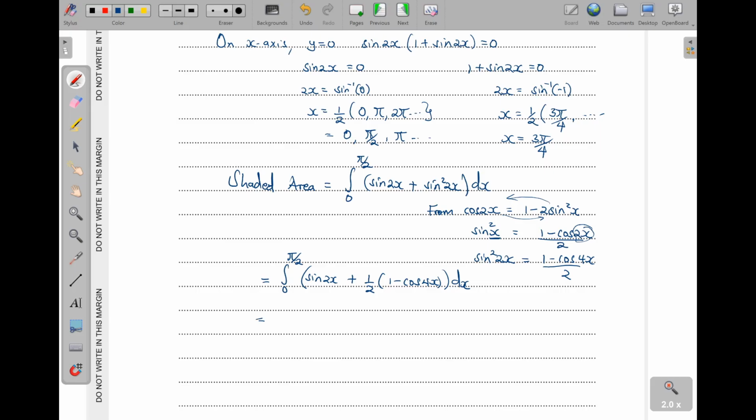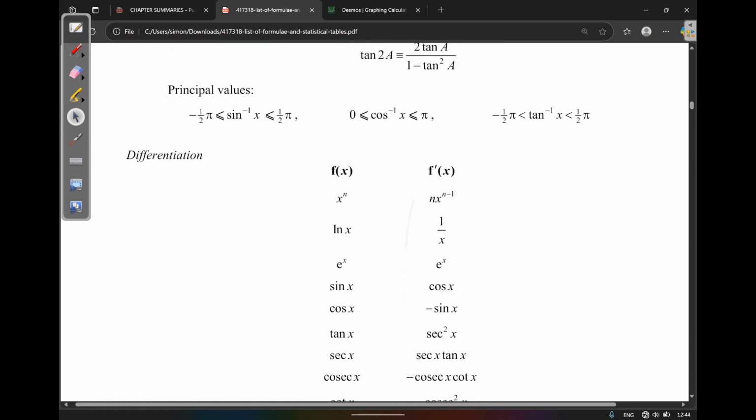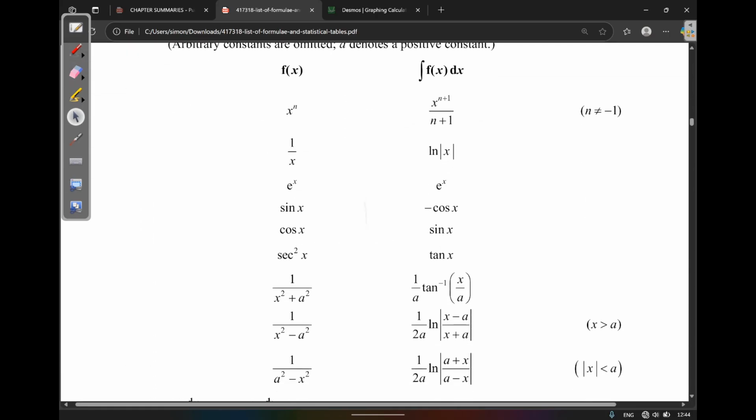When we integrate sine, we get a cosine, and then we divide by the derivative of that angle, okay? So when you integrate sine, you actually get a negative cosine. Negative cosine of 2x, then you divide by 2. Because when you check in the list of formulae, this is differentiation, now the integration.